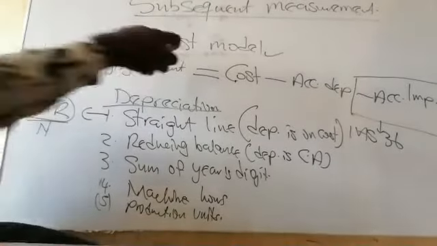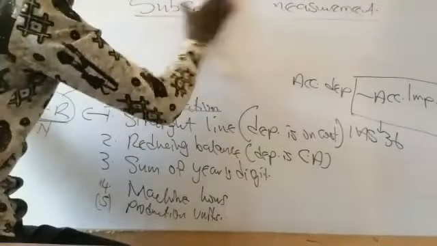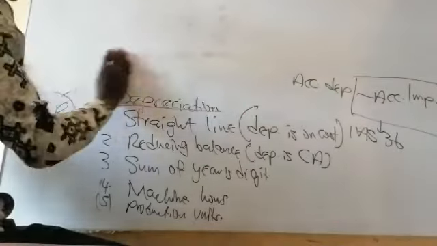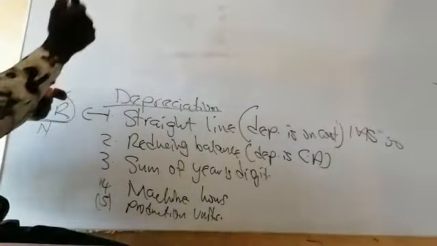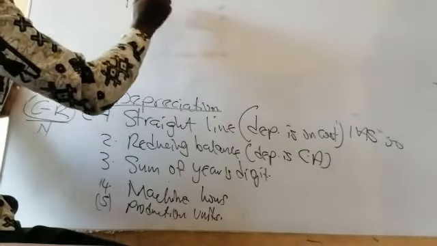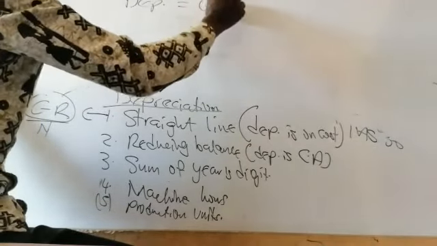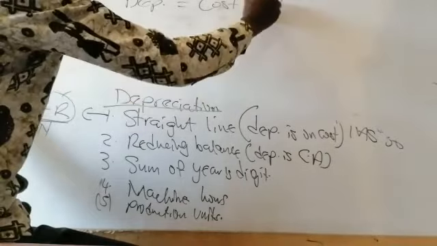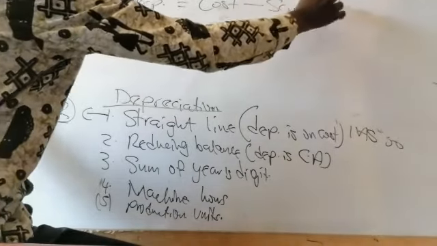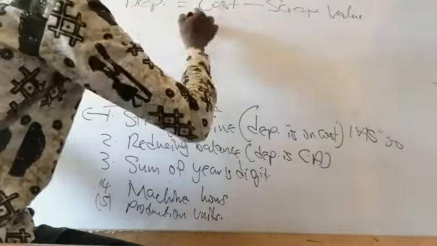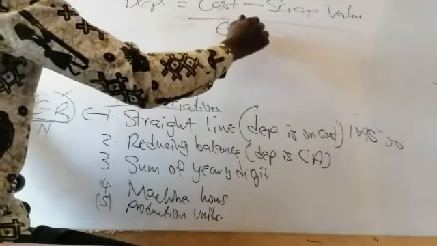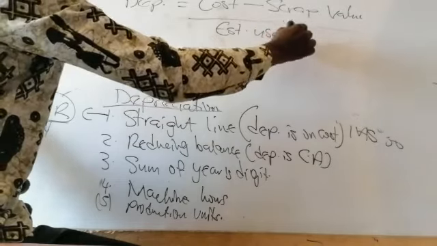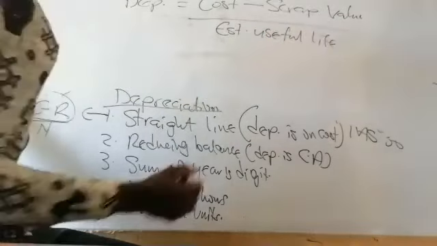And let me write it here. So for the straight line, depreciation is equal to the cost of the asset less the scrap value, divided by the estimated useful life of the asset.